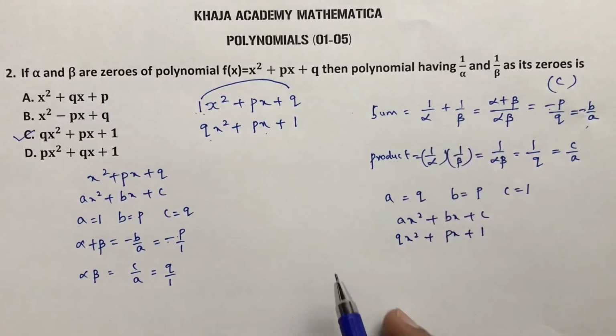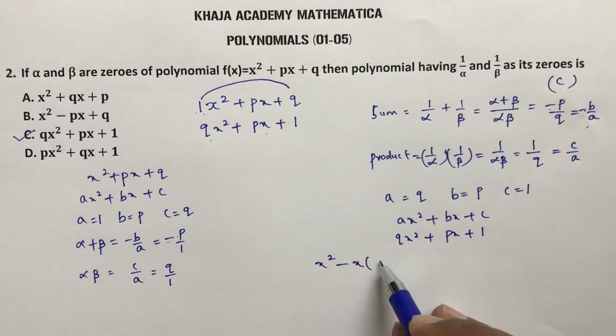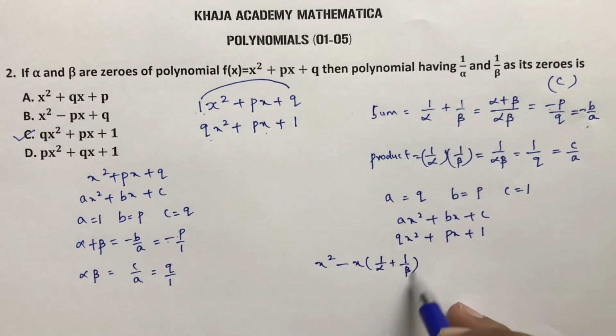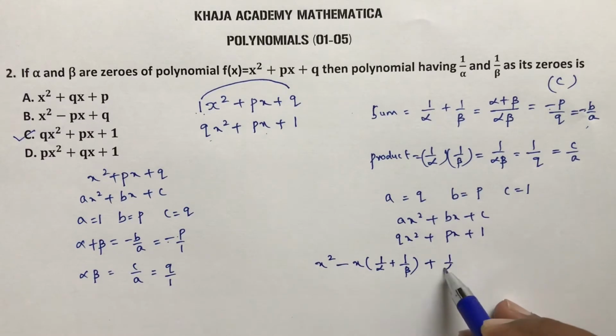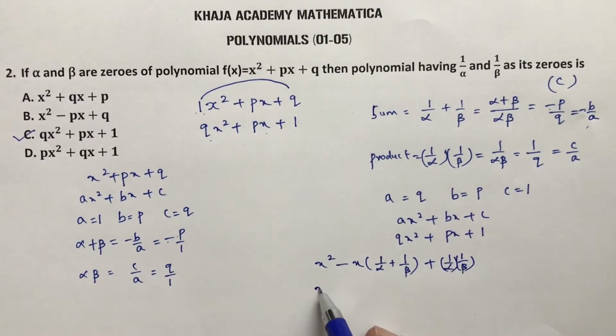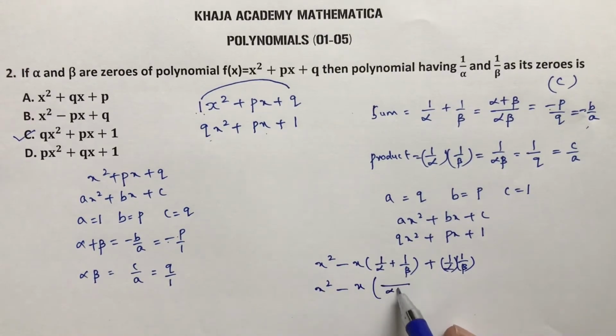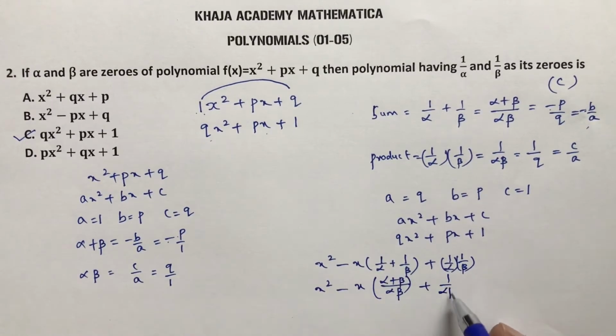Or you can use the formula: x square minus x into the sum of the zeros, that is 1 by alpha plus 1 by beta, plus the product of the zeros, 1 by alpha into 1 by beta. Now x square minus x into, if you take LCM, alpha beta, you get alpha plus beta over alpha beta, plus 1 by alpha beta.